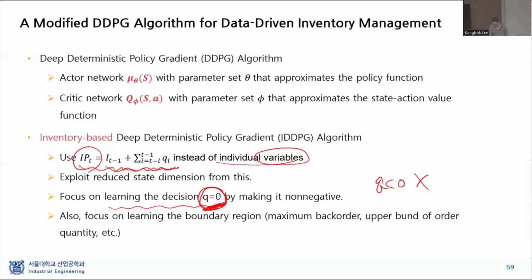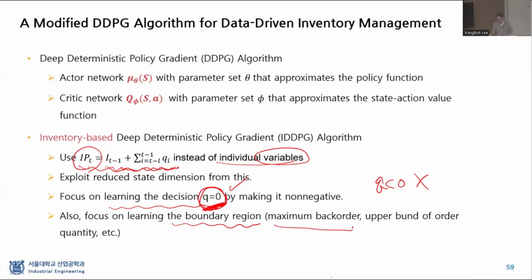So we need to focus on learning this decision, and also we have to set the decision space as a non-negative one. And 0 can be separately studied because this can be regarded as the case where your inventory is already higher than the optimal inventory position. Also, we can reduce the space effectively by thinking about an effective boundary region.